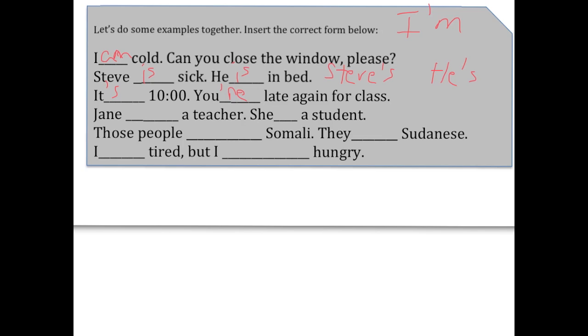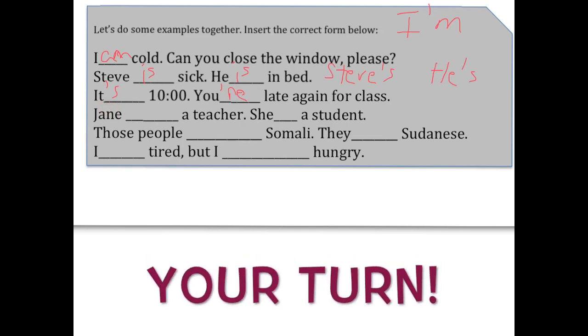All right, next one. Jane blank a teacher. She blank a student. Now, this one you're going to have a positive and a negative. Let's say Jane blank a teacher, and that's a positive. So, you can have Jane am, is, or are. You should be thinking is.